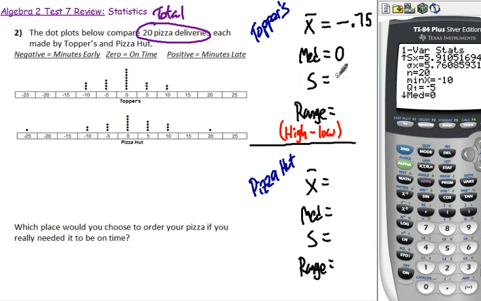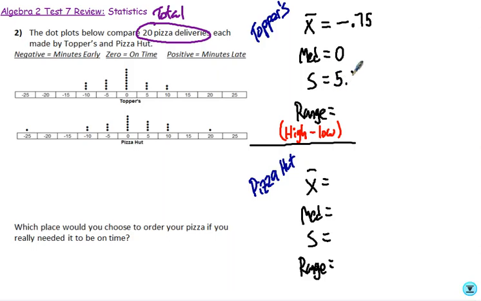So let's say 5.9. And then the range would be the high minus the low, which would be their worst time minus their best time. So their highest was 10. So we'd say 10 minus their best time, which was they were 10 minutes early, which would be negative 10.